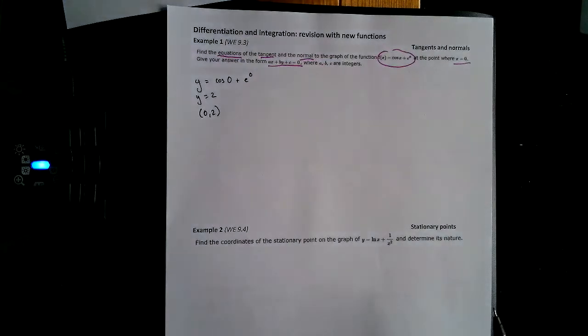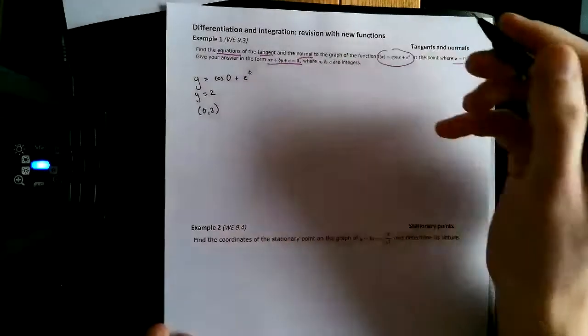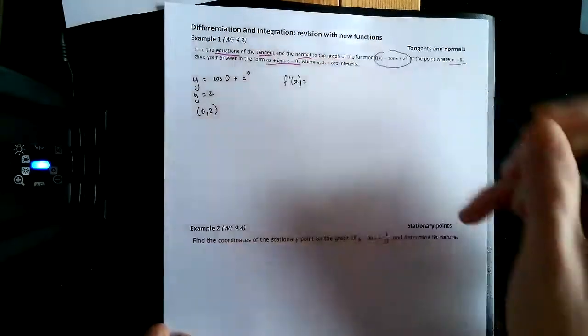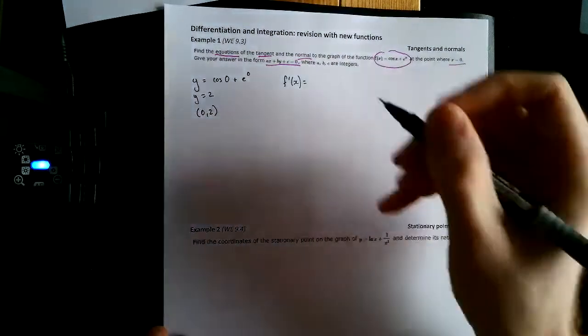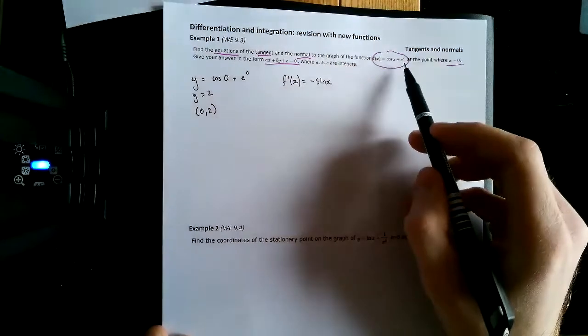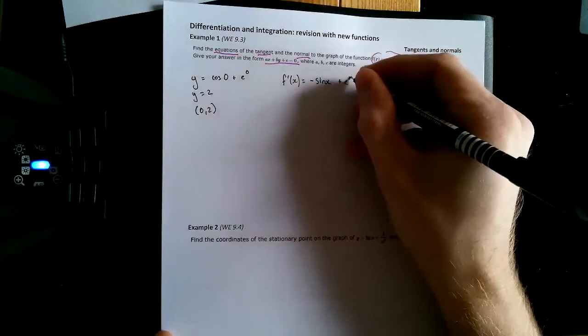Okay. Then to find the tangent and normal, we need to get the gradient. So to get the gradient, we differentiate. Cos x goes to minus sine x, and e to the x differentiates to give e to the x.